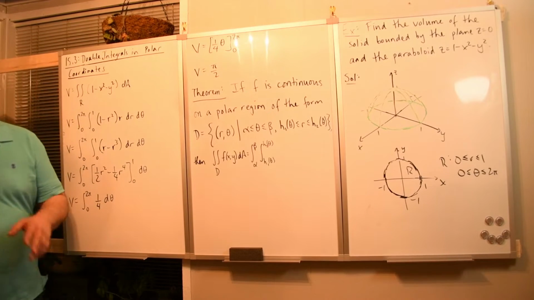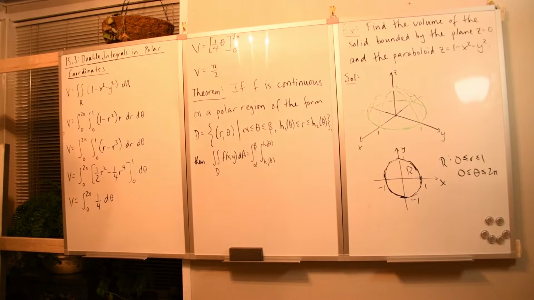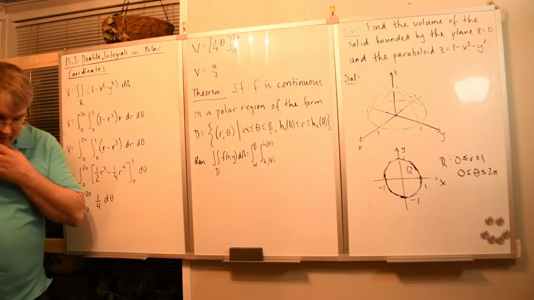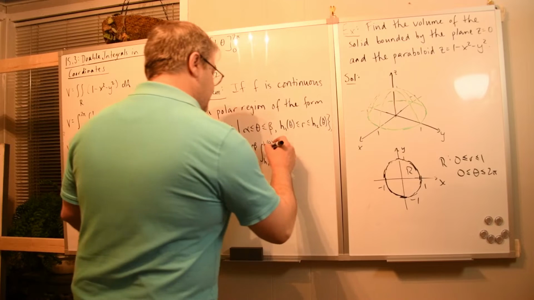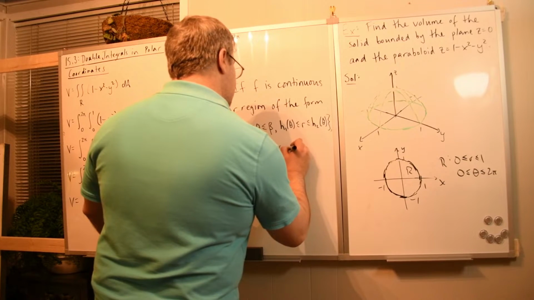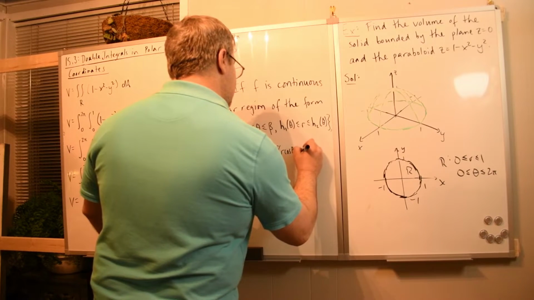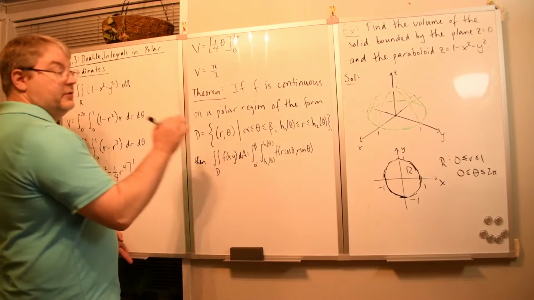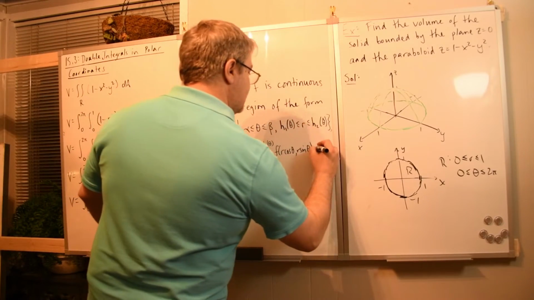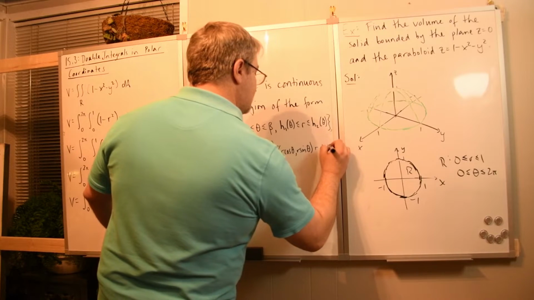And then for this f of x, y, dA, remember, we want to make sure everything is in terms of r and theta. So we'll have f of r cosine theta, comma r sine theta. But remember the dA, same thing as r dr d theta.